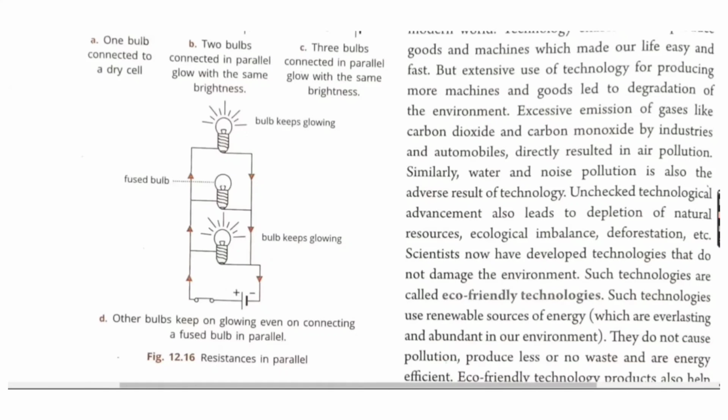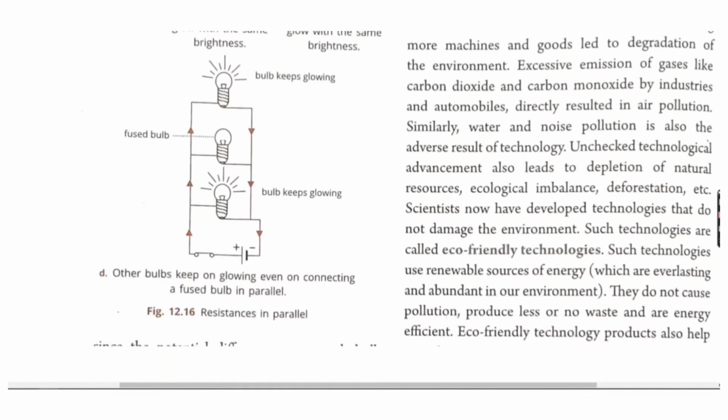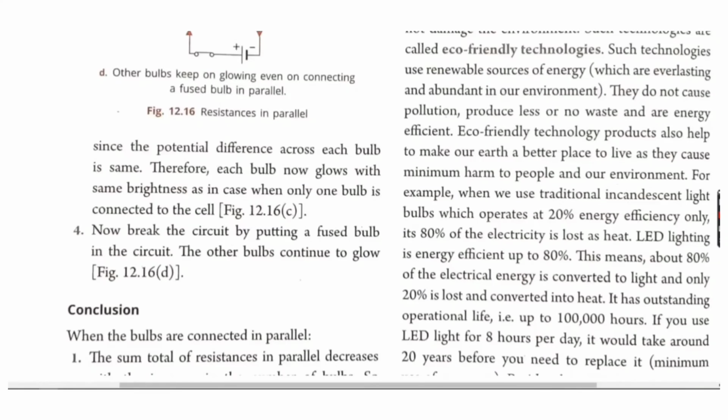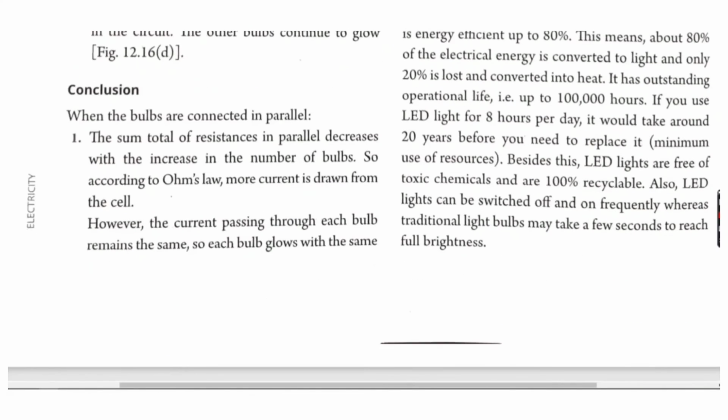So students, in conclusion, it is said that the sum total of resistances in parallel decreases with the increase in the number of bulbs. So according to Ohm's law, more current is drawn from the cell, and the current passing through each bulb remains the same.